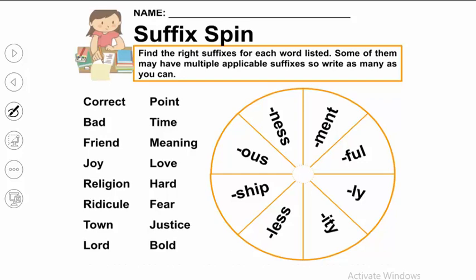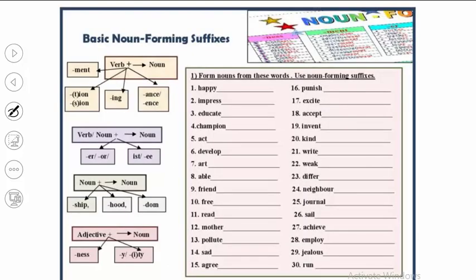Right, so practice suffixes and prefixes well. That is very helpful to complete our task, not only in question number 9 but also in short paragraphs and in essays. So, the basic noun-forming suffixes, right?